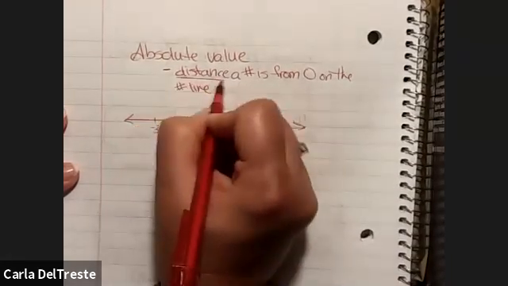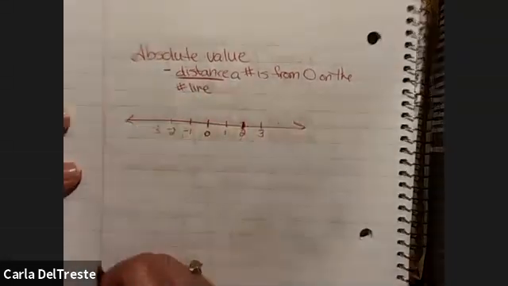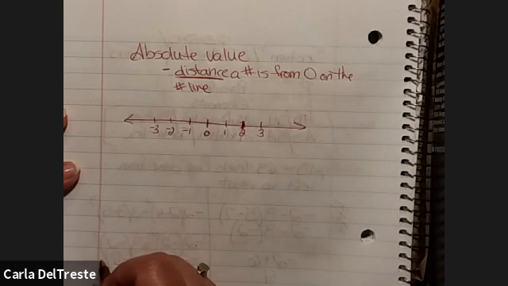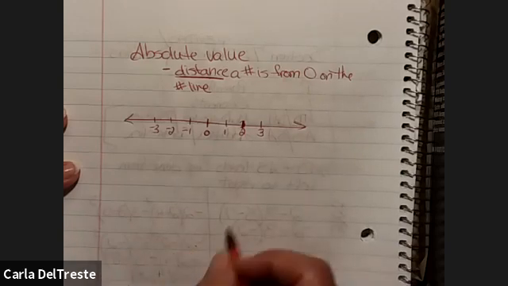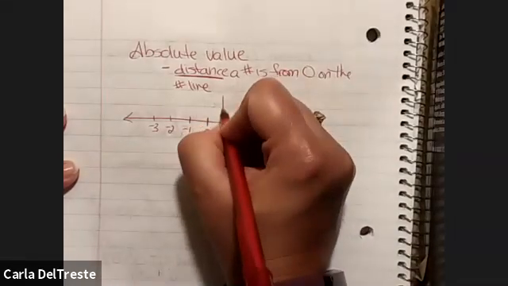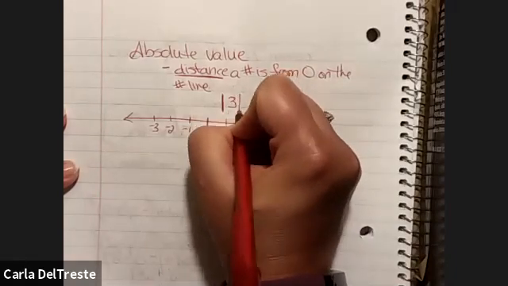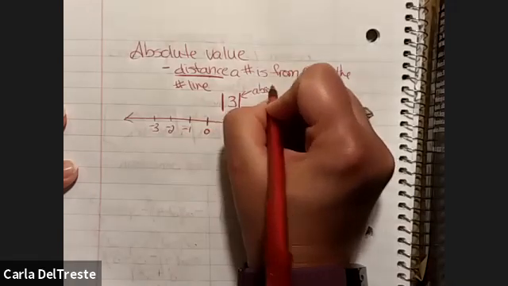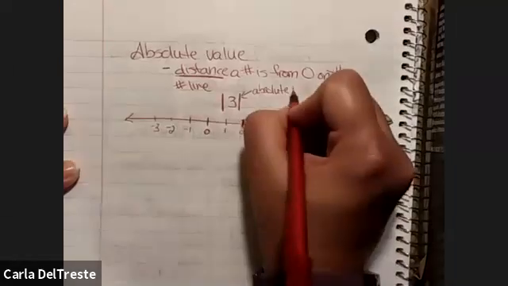Notice that it's a distance. It's being described as a distance. Distances are not negative. You can't say, I live -2 miles from school. Doesn't make any sense. So the value of an absolute value is always positive. The symbol for absolute value are 2 perfectly vertical lines. So this is your symbol for absolute value.